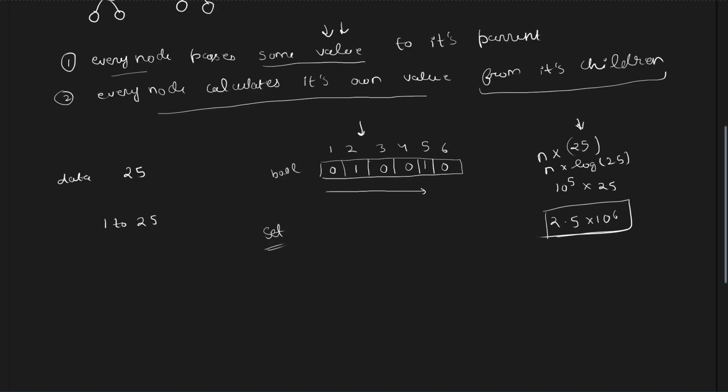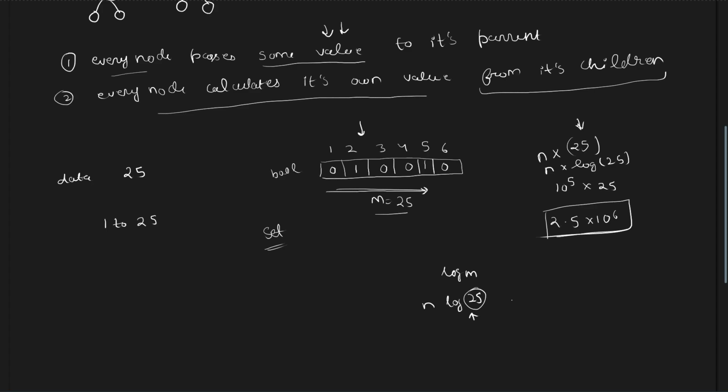Earlier I was traversing the whole array of size m, which is equal to 25. Now I'm using a set, and since the number of operations in a set is log m, where the maximum size of the set we know is 25, the rough complexity would be n log 25. So this factor reduced from constant 25 to log 25, and this approach worked.